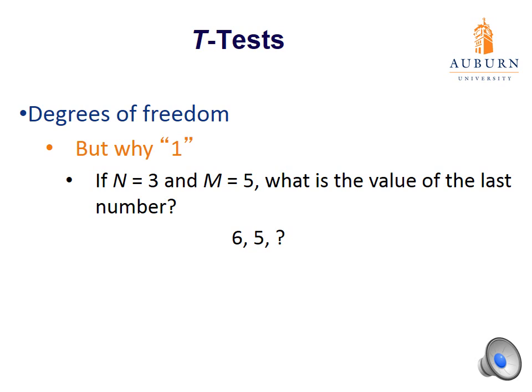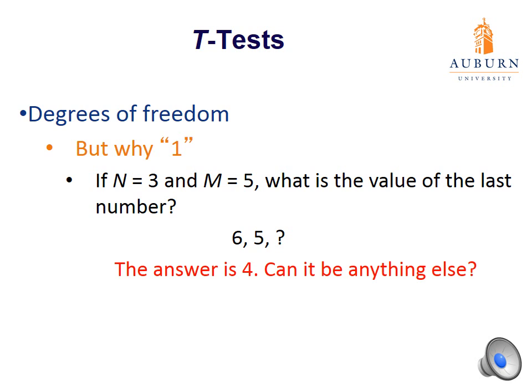So what is the value of that last number, or that 3rd number? Well, if you said the answer is 4, then you would be correct. And so the next question would be, could that last number be anything else? Could it be anything else other than 4?